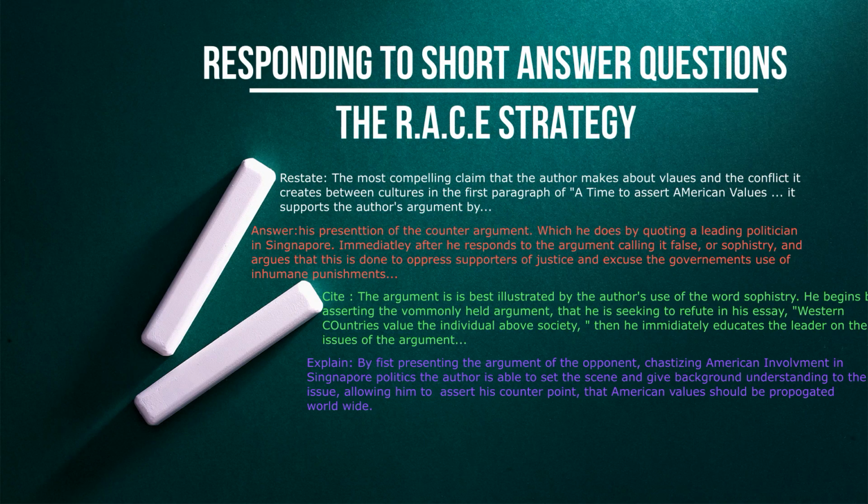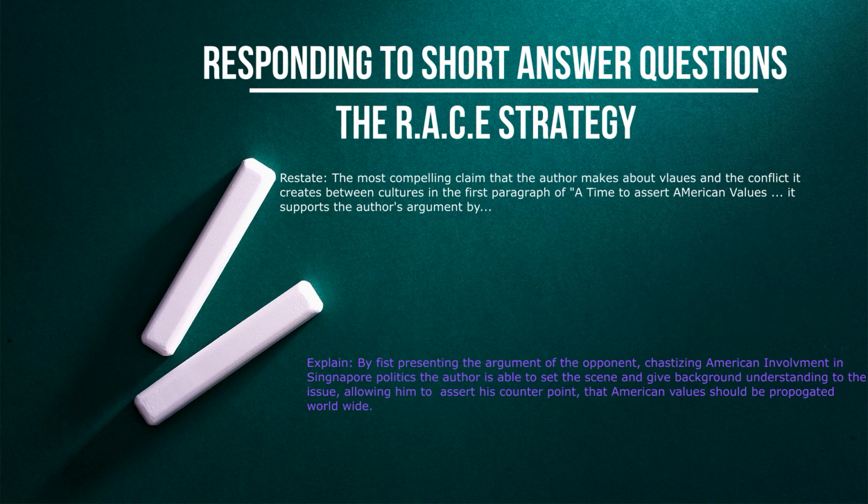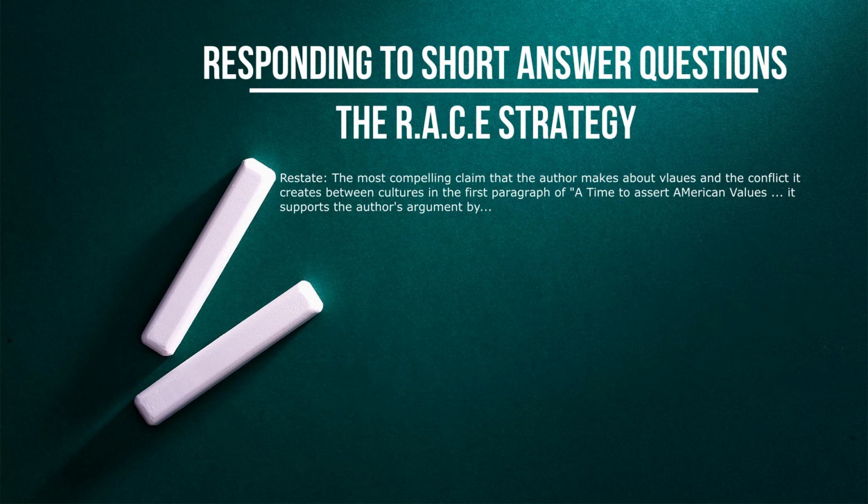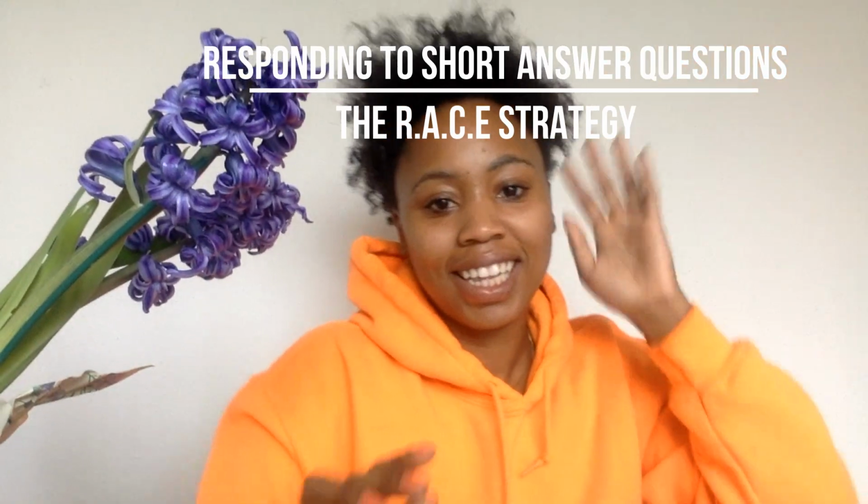So if you see the restatement, and then in red you see the answer, in green you see the cite, and then in purple you see the explain, and fully it looks almost like a paragraph, so your answers will be a bit longer, and that's going to show that you're specific and talking from a place of understanding and bring closure to your work. I think this is a really great strategy, and if you use it, you're likely to have success in any opportunity you do from high school to college.